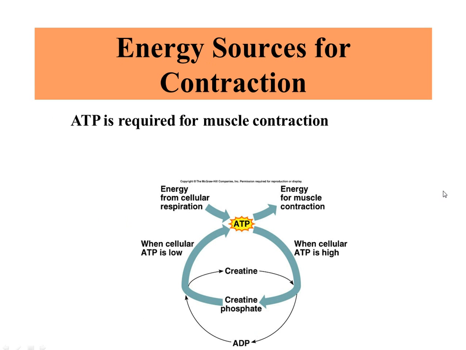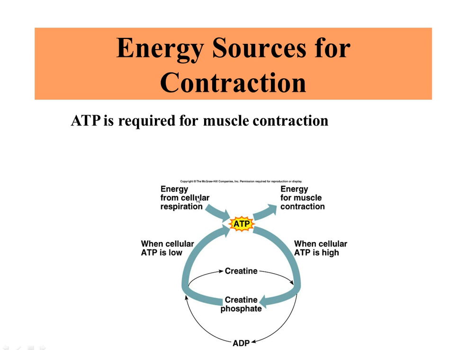Now, where do you get energy for contraction? There are two ways to get energy for contraction. And remember, we said that ATP is the currency for the energy required for muscle contraction. Cellular respiration. Most ATPs come from aerobic respiration. What's aerobic respiration? It is cellular respiration with oxygen.